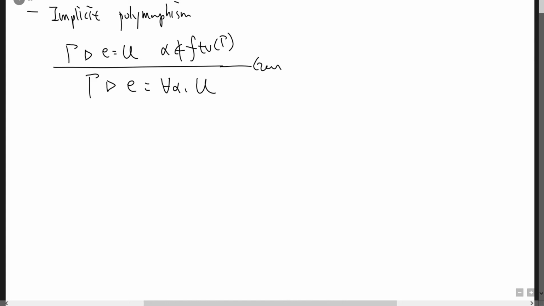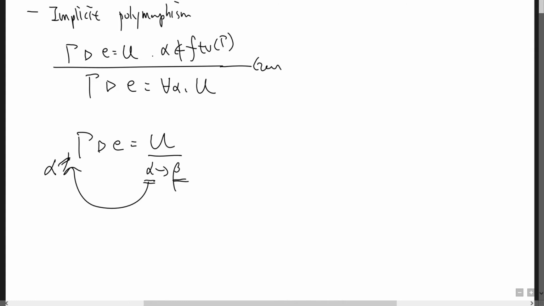So typically, when you have this typing judgment and some type variable, you collect all the type variables. For example, this is alpha arrow beta, and then you test if this type variable alpha is used in gamma. Assume that alpha is already used in typing context gamma, and beta is not used.